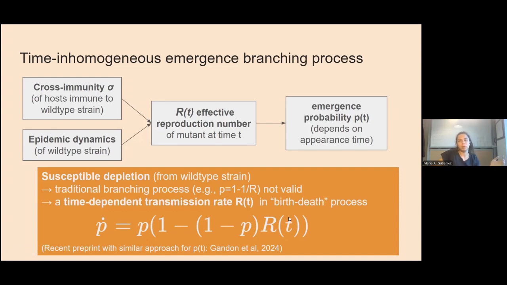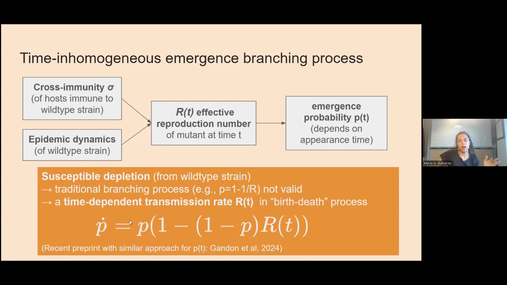This approach has also been used in other contexts, like emergence in periodic environments, maybe due to seasonality or other time-dependent effects that affect the emergence of a new outbreak. And so I'm adapting this approach here to the emergence of a new strain where the susceptible pool changes due to the wild type.